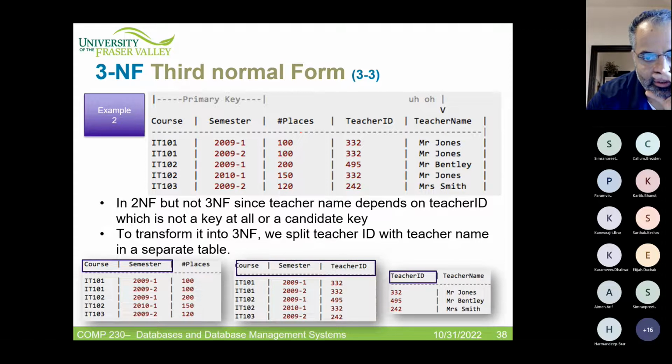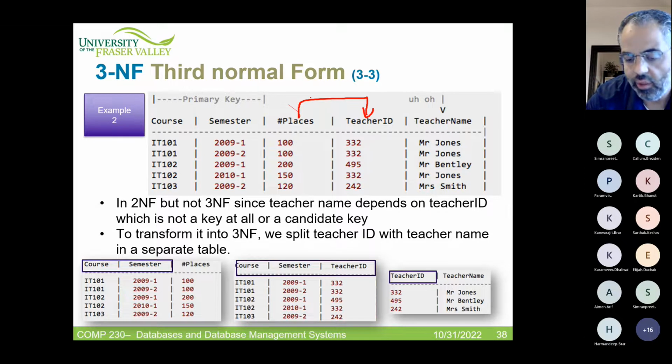We can say that place, let's start from this. Place 100 gives us 332, 332. 200, 495. 150, 332. And 120, 242. So do you believe that we have a dependency here? This gives this. What do you think?